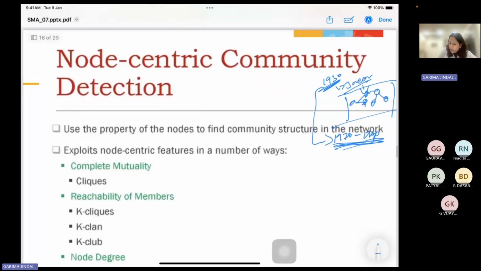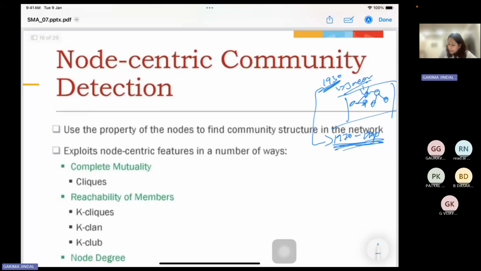After the 1990s, again they were able to identify communities based on node properties, which we are going to study now. But then they were thinking about this problem more comprehensively.